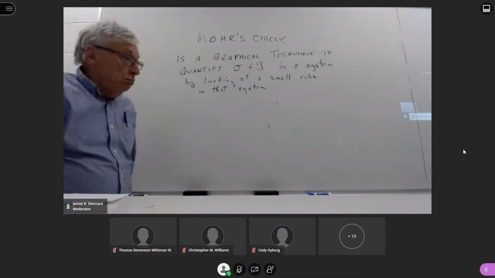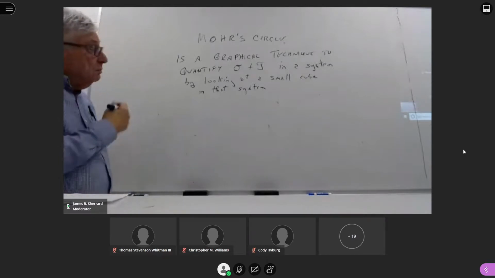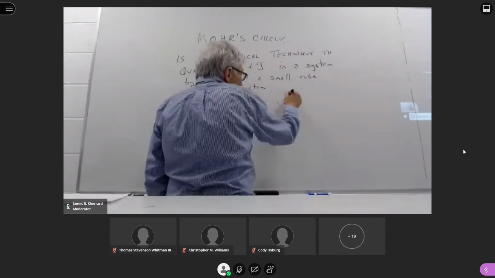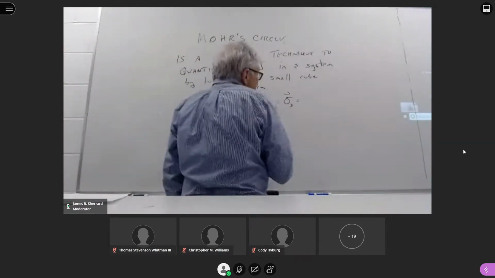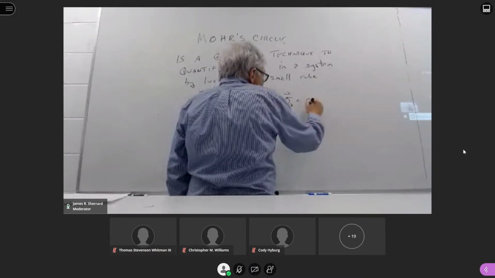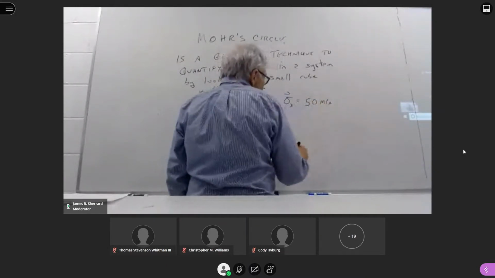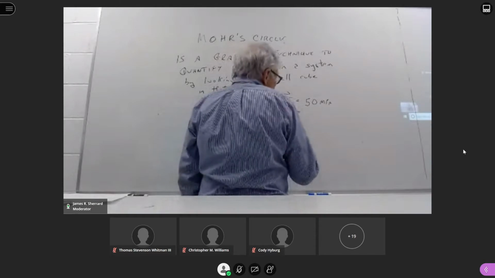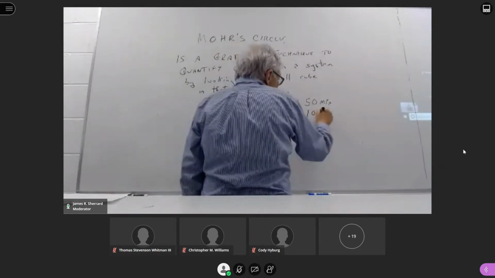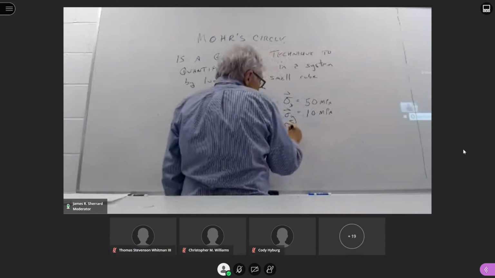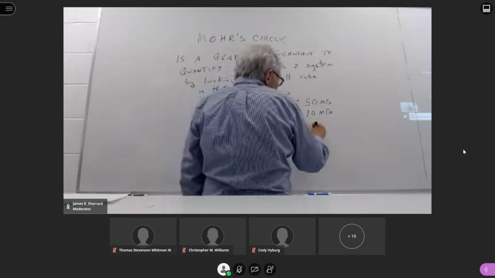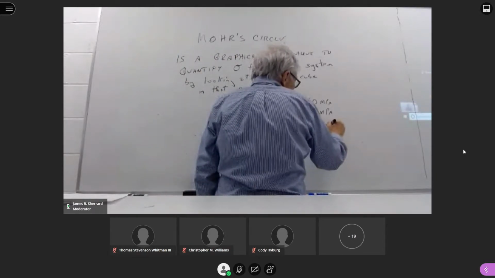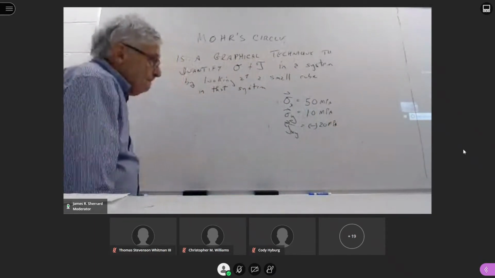Let's say I gave you a beam or a bar where sigma x was equal to 50 megapascals, sigma y was equal to 10 megapascals, and tau xy was equal to minus 20 megapascals.